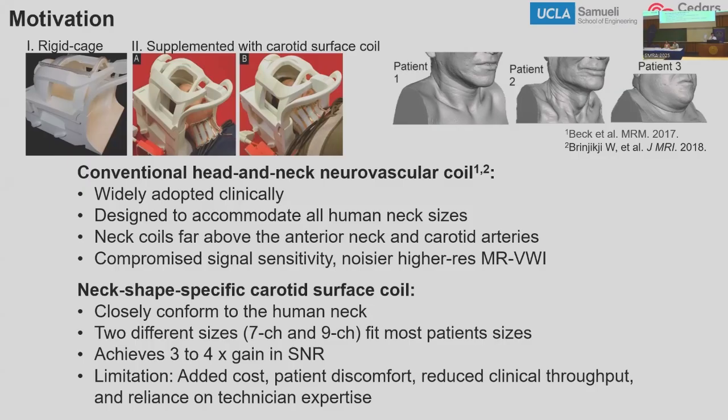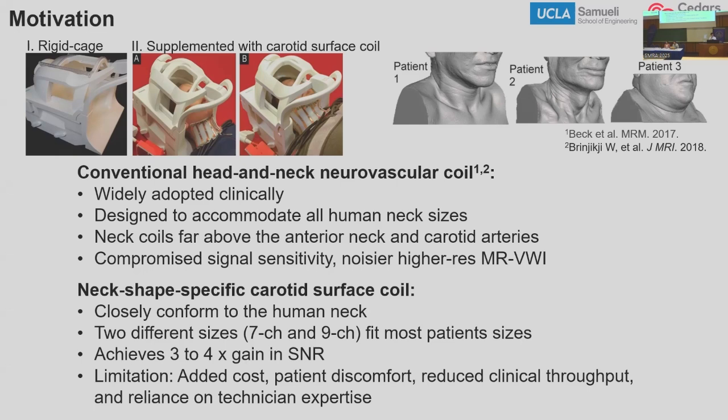But briefly, the conventional head and neck coil, shipped with every scanner, is used almost universally for head and neck imaging. However, it provides limited SNR for the neck region, especially for high-resolution vessel wall imaging. People use all different designs of specific carotid coils.